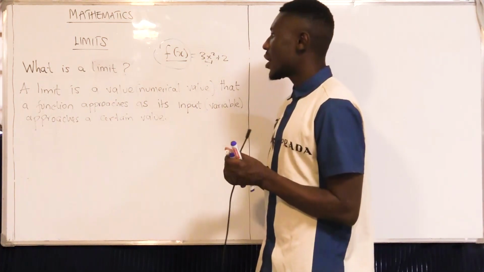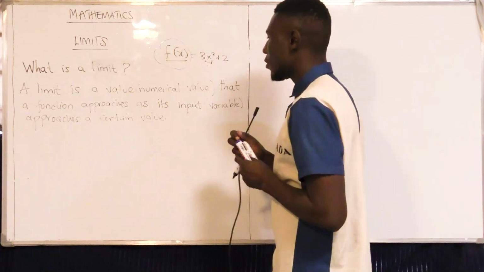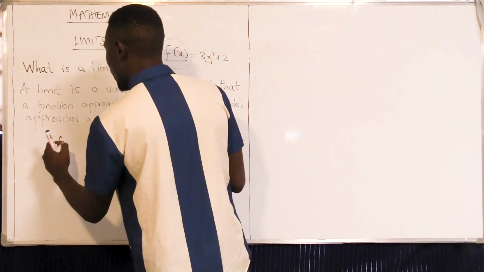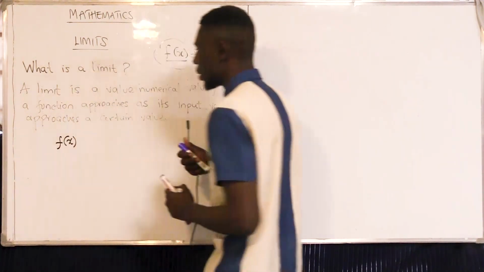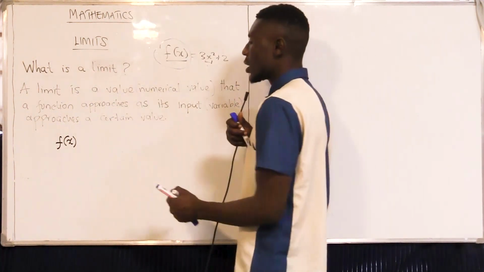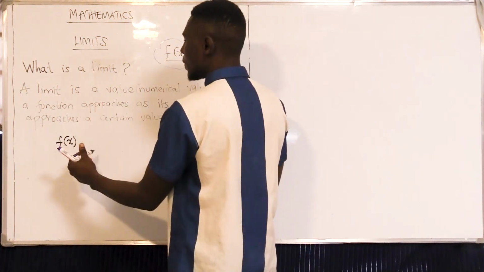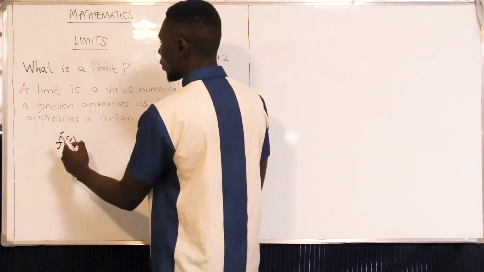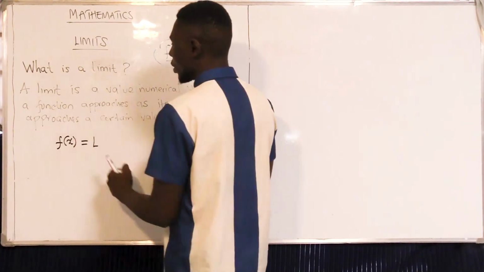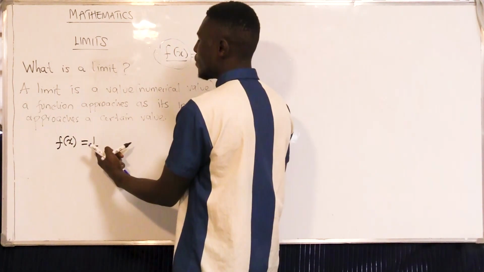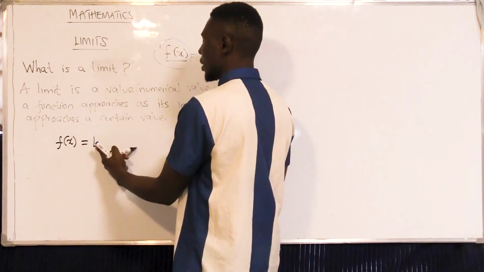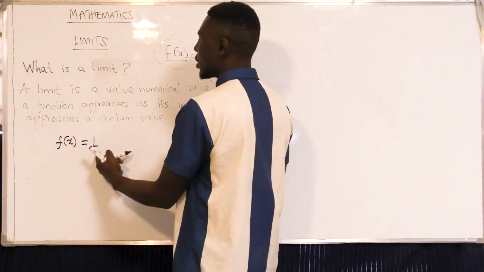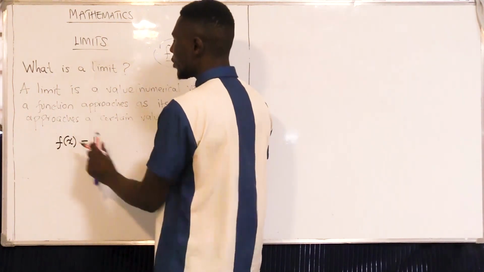Now let us write this in the form of a notation. If I have f of x like this, f of x is going to approach a certain number, which is, let's say, L. So now this L will be my limit. This is a numerical value, thus this is a limit. Now how do we write this as a limit?